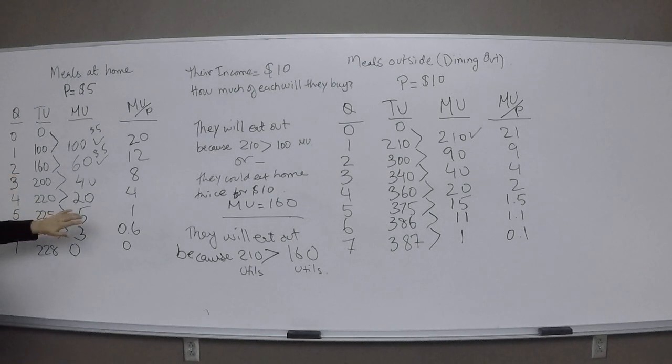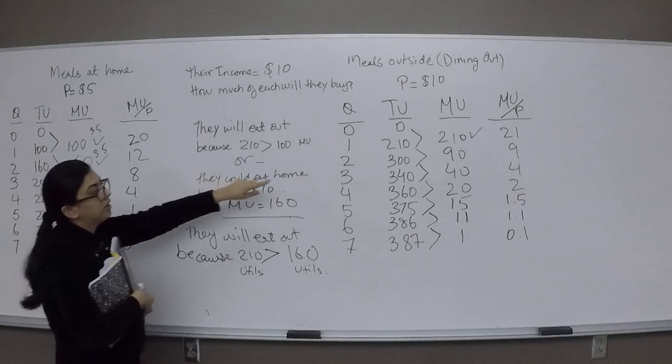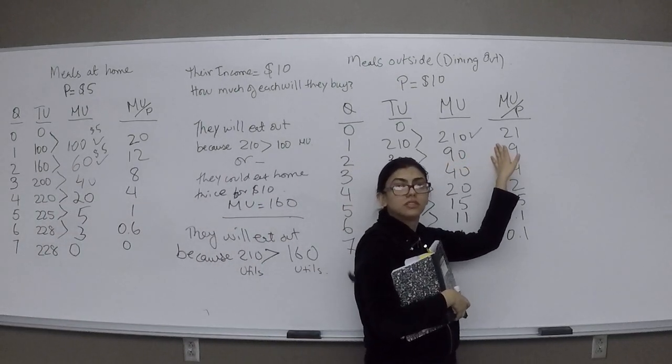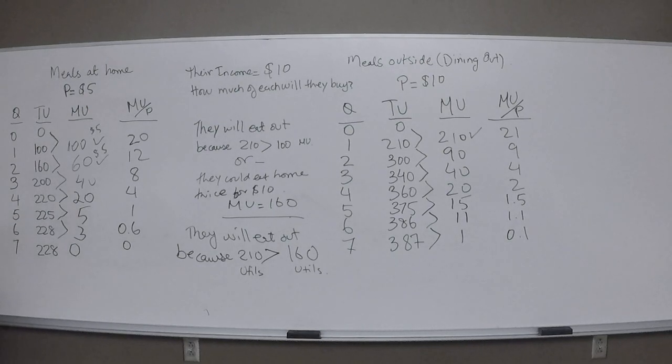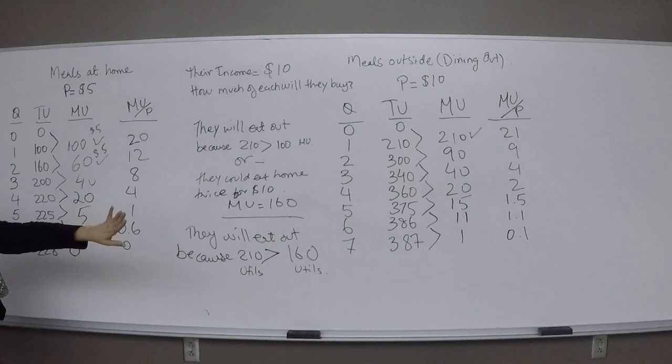So you're saying that would be greater than 21? Yeah. Right now we're not going to look into that. Right now we're just going to look at marginal utility. That will come into play later.